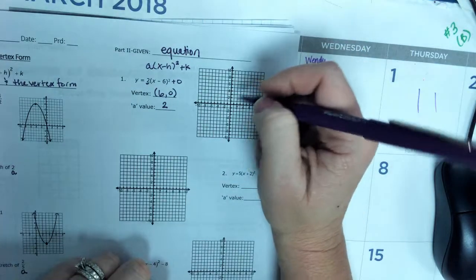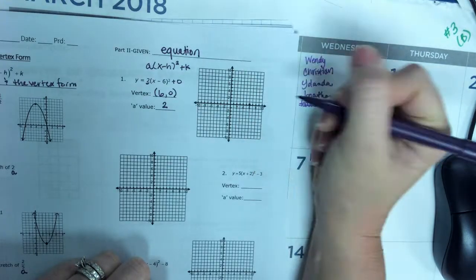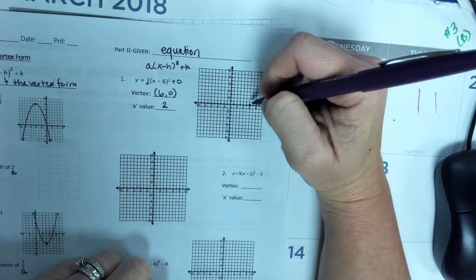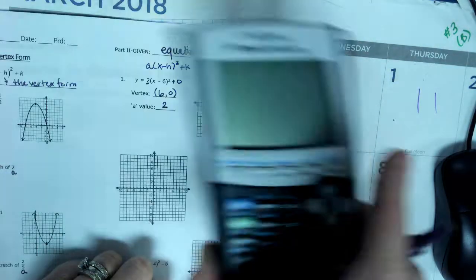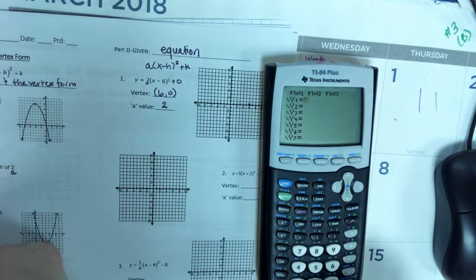Okay, and then to graph this, I know that we would start on the point 6, 0. And then we could look at a picture of the graph here on our calculator. So 2 times x minus 6 squared.